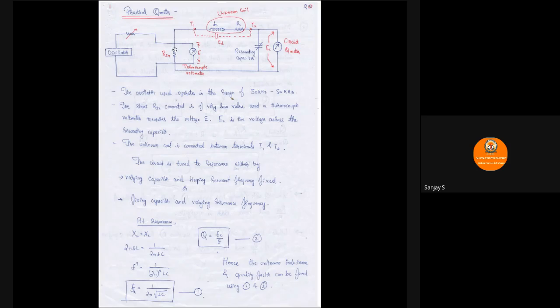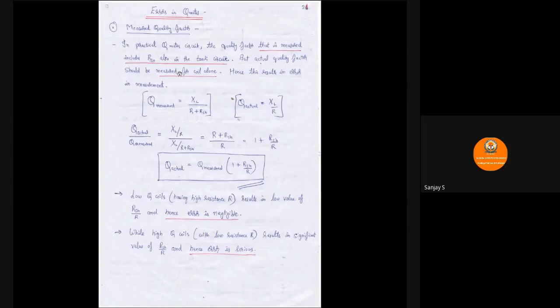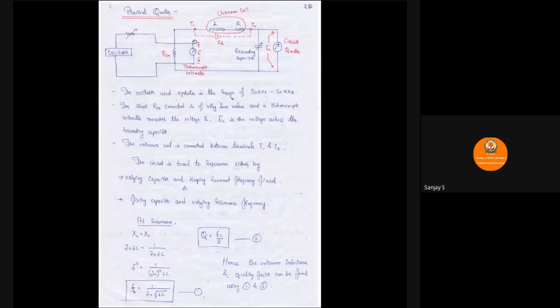Along with that, we have R shunt, which is a part of thermocouple. Due to this R shunt present in the tank circuit, it will result in error in measurement, because a significant amount of resistance of this also will get added with unknown coil resistance. That will introduce error in the measurement.